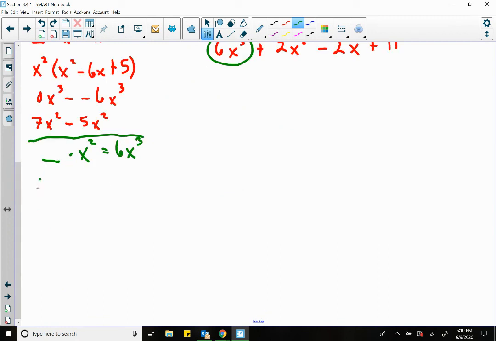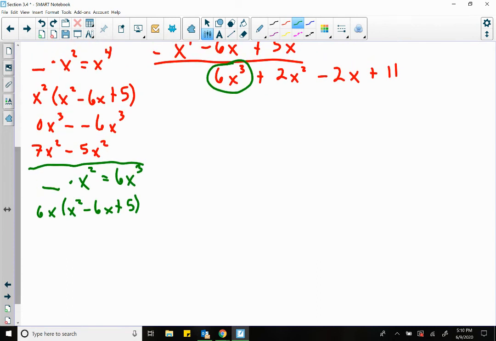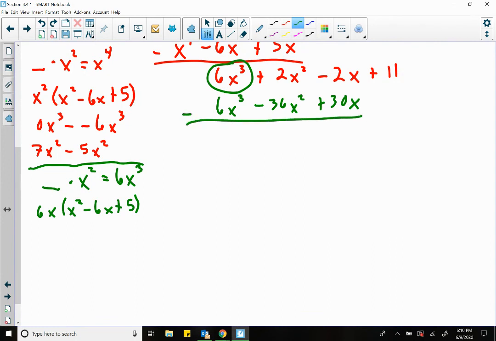And so now we're going to take 6x times x squared minus 6x plus 5. So that will give us a 6x cubed that we knew. 6x times negative 6x is a negative 36x squared. 6x times 5 is a positive 30x. And subtract down. So the x cubes are gone.